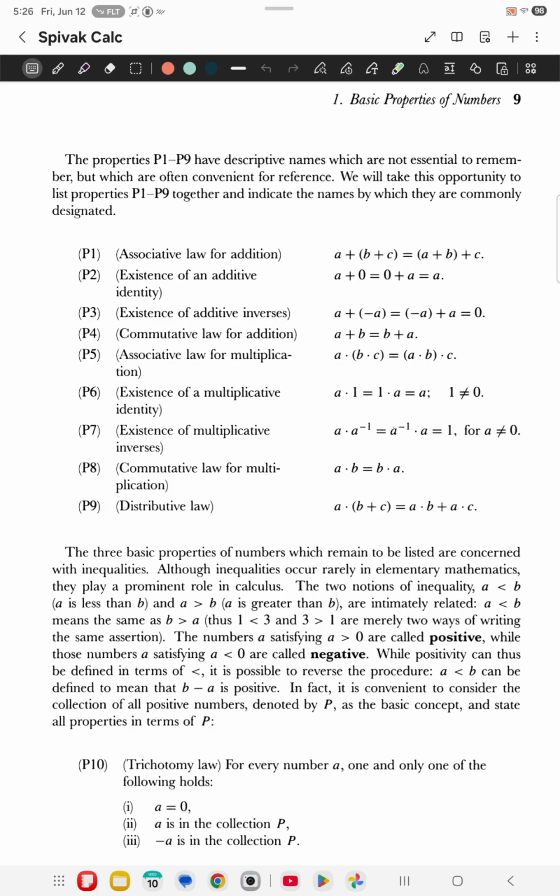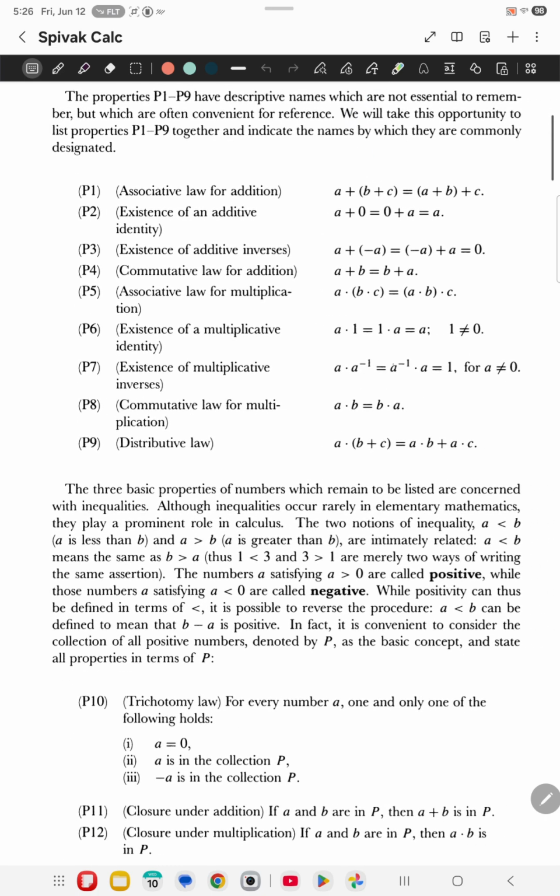The properties P1 to P9 have descriptive names which are not essential to remember, but which are often convenient for reference. We'll take this opportunity to list properties P1 to P9 together and indicate the names by which they are commonly designated.